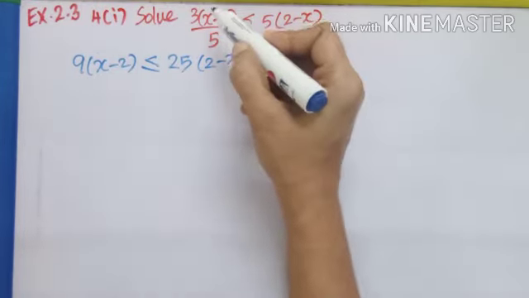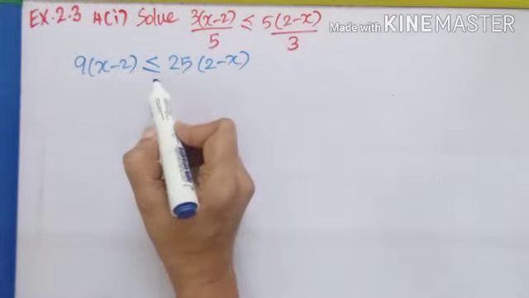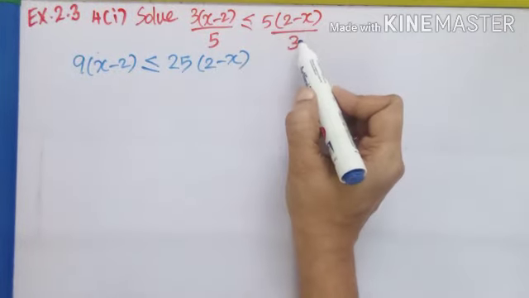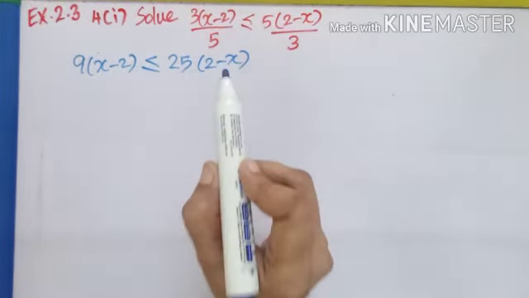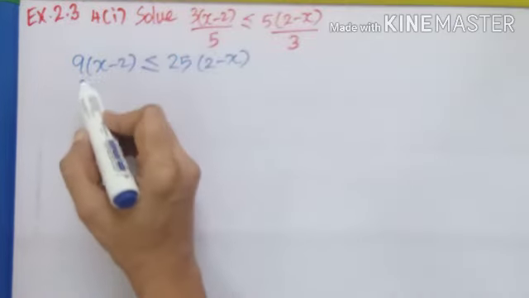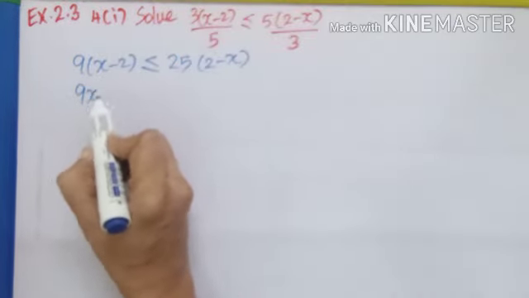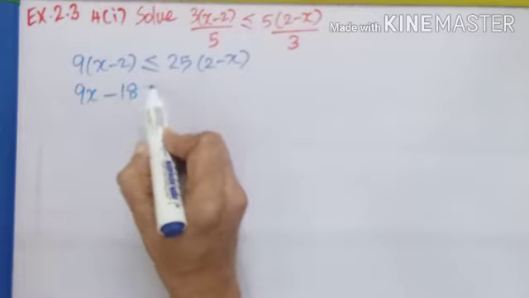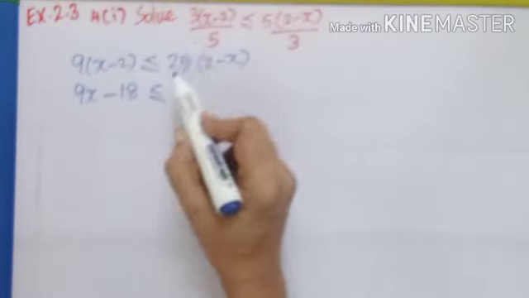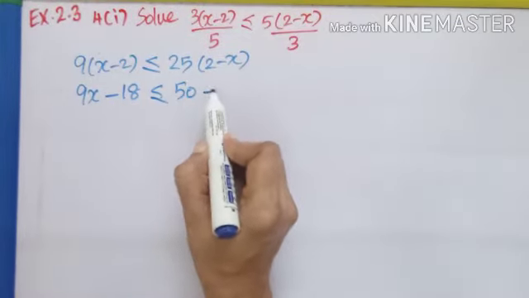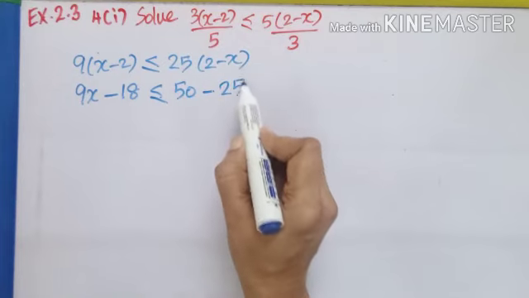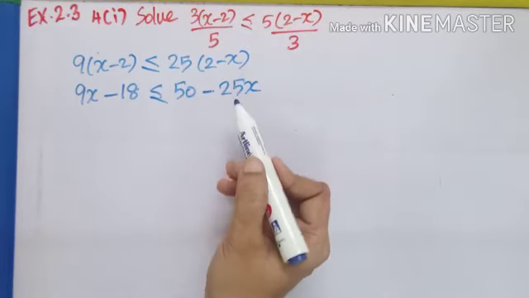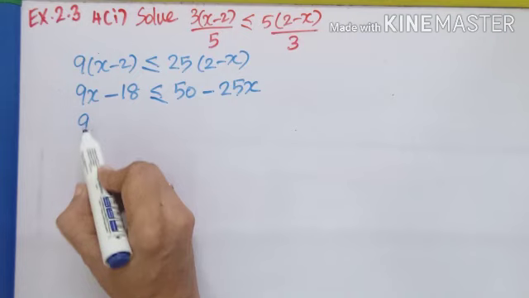I can cross multiply and the inequality is the same because 3 and 5 are positive. Now we shall multiply 9 into x minus 9 into 2 less than or equal to 25 into 2 minus 25 into x.